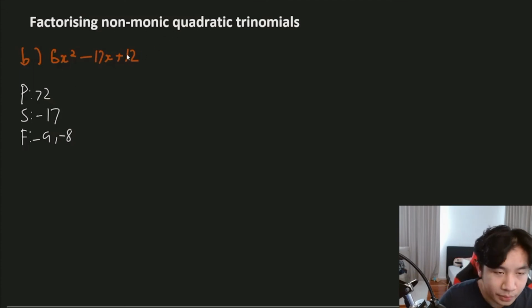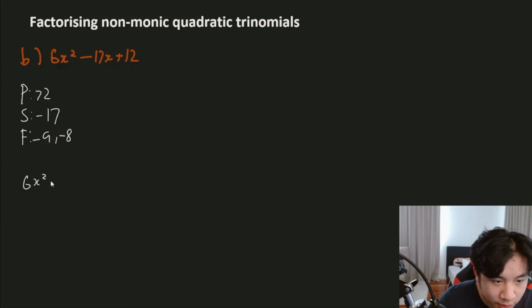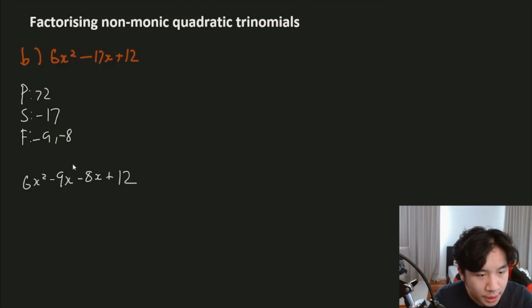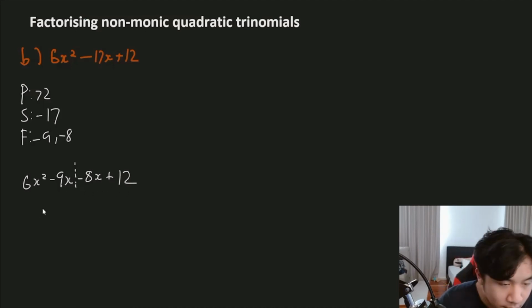And so you want to split the middle into these factors. So 6x squared minus 9x minus 8x plus 12. And then you want to factorize by grouping. So I'm just going to put an imaginary line here. You only want to factorize the first two terms and then the second two terms after.